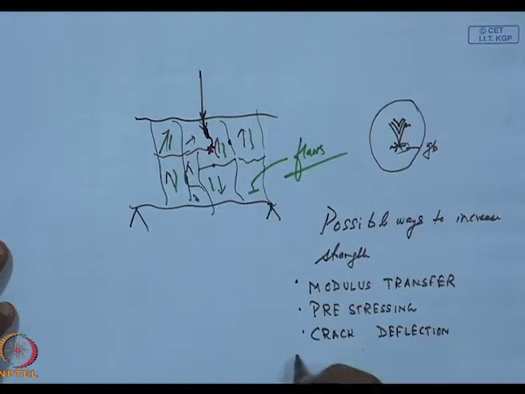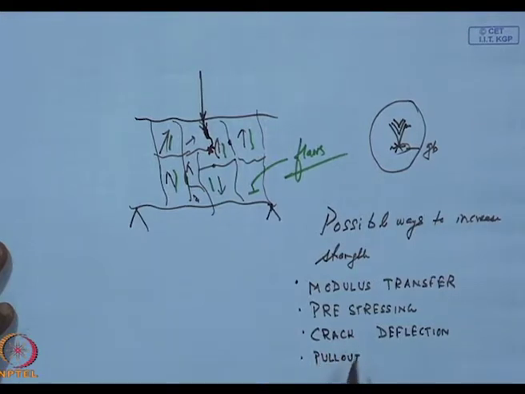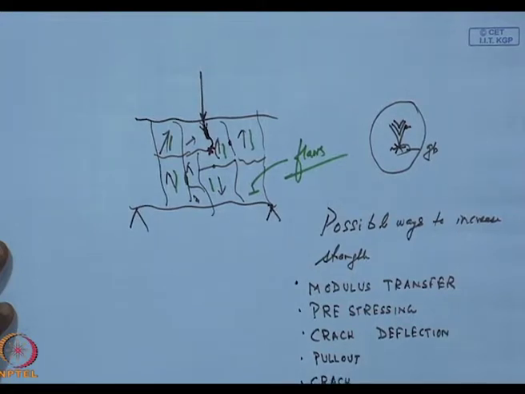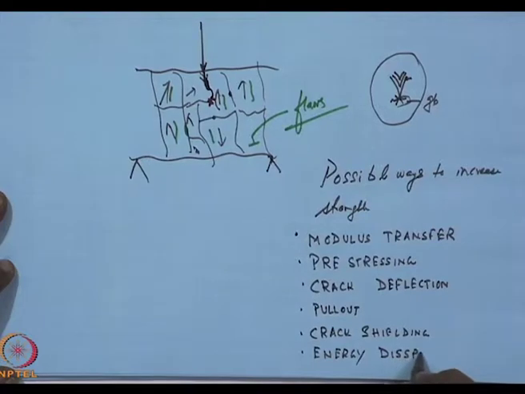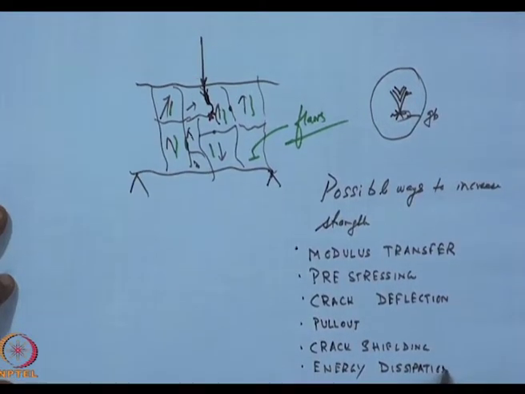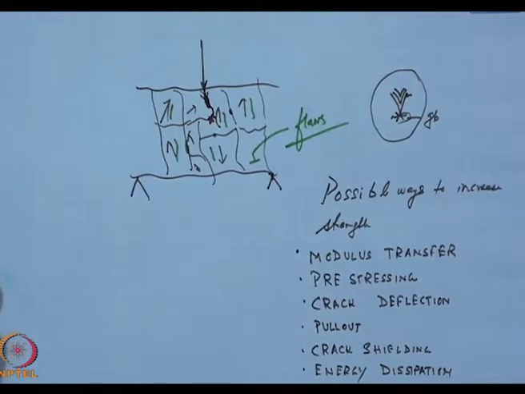The fourth, pull out. The fifth, crack shielding. And this, I would stay over here, because normally people would write energy dissipation. These are the ways I can increase the strength of a ceramic body.